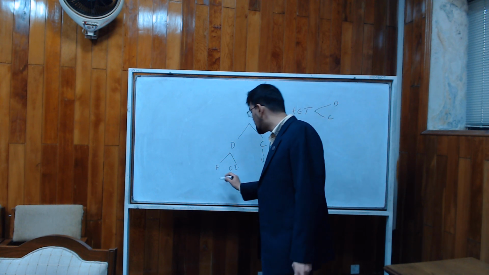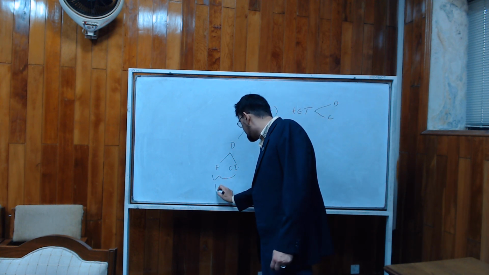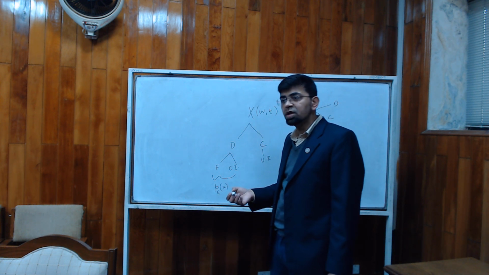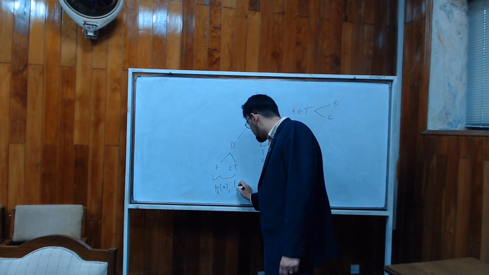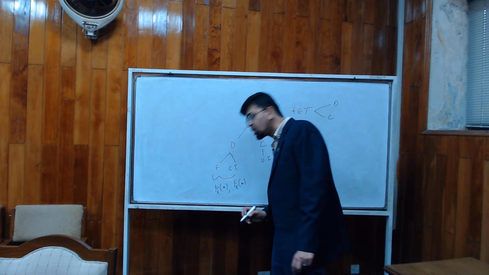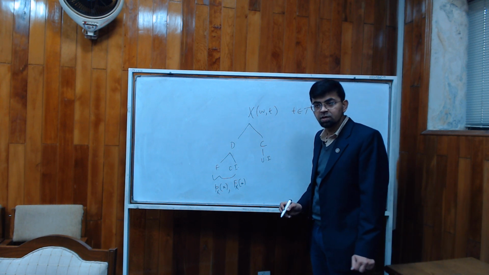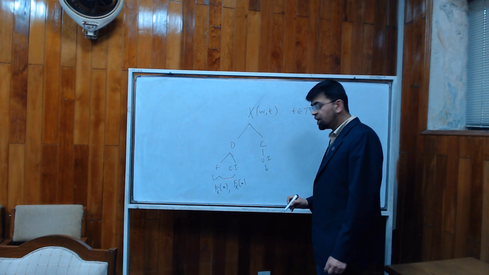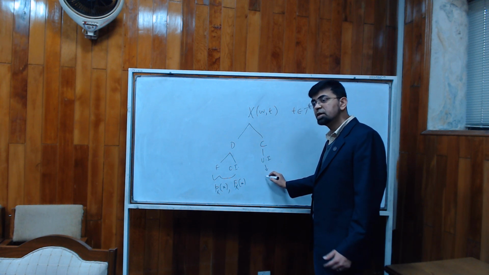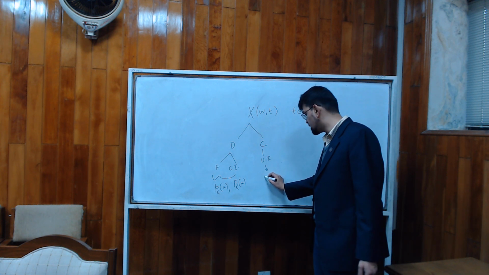For the point we had the probability mass function or probability distribution function, and for the interval case we had the cumulative distribution function. Here we had the probability density function, right?